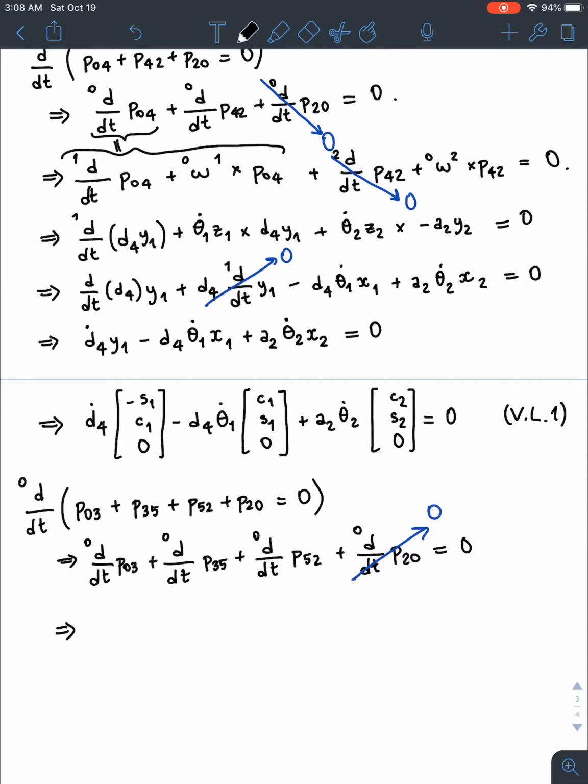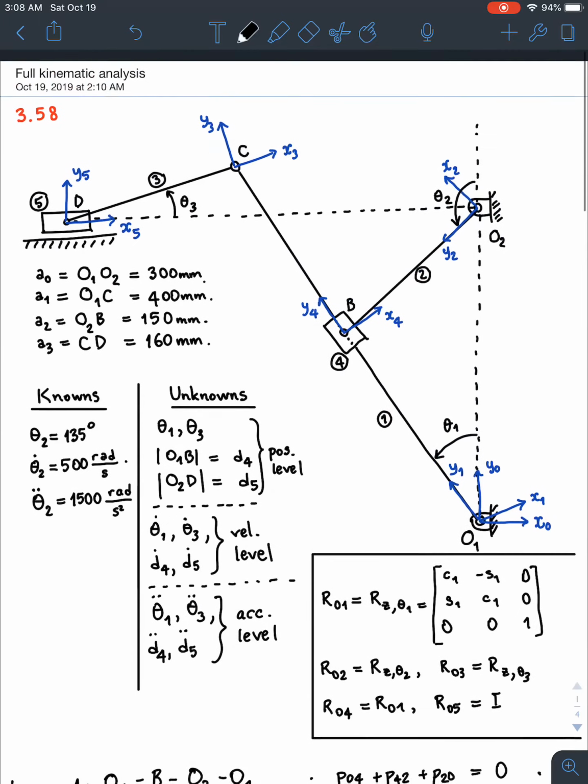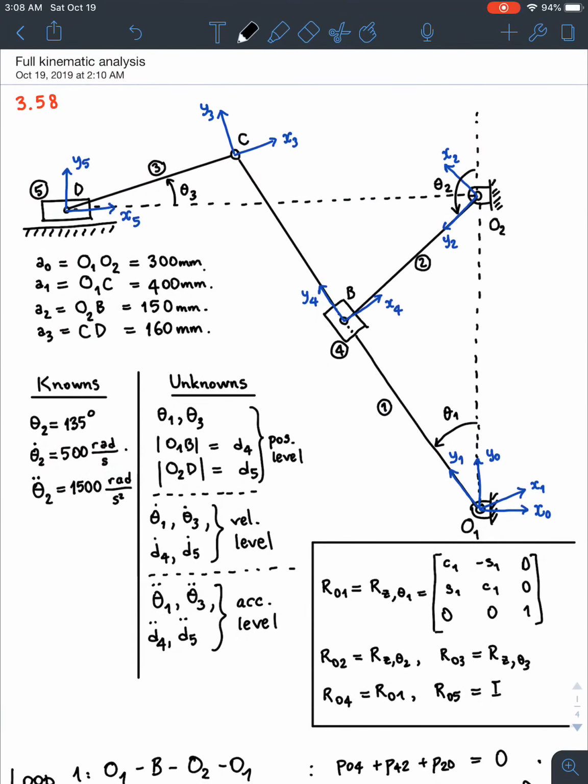I may need to add a disclaimer when I post the video about that. Okay, in any case, we said that was 0 in the first part of the velocity level analysis, and we're going to repeat that here. And the reason is that the vector p20 is fixed in the zeroth frame.